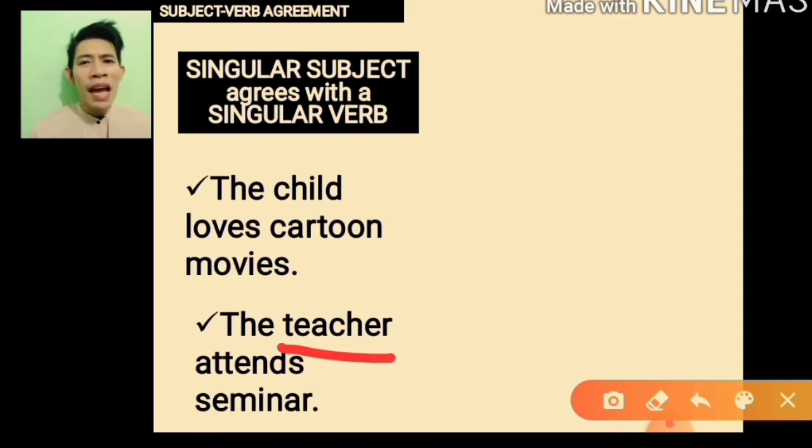Singular because it has no S at the end. So let's look for the verb. Since the teacher is singular, what must our verb be? Singular as well. So, ano nga po yung dinescuss natin kapag singular verb? There is S. So that's why it's attends.